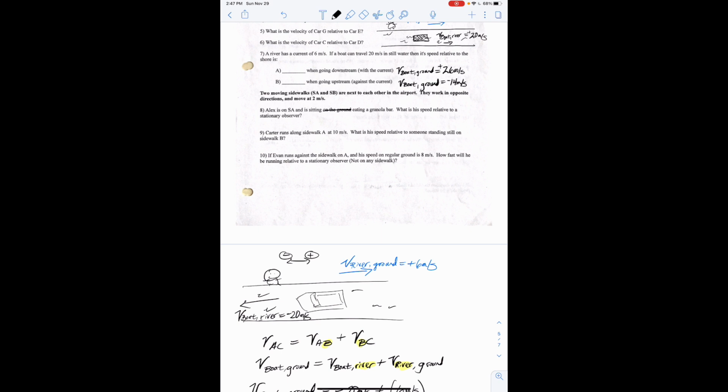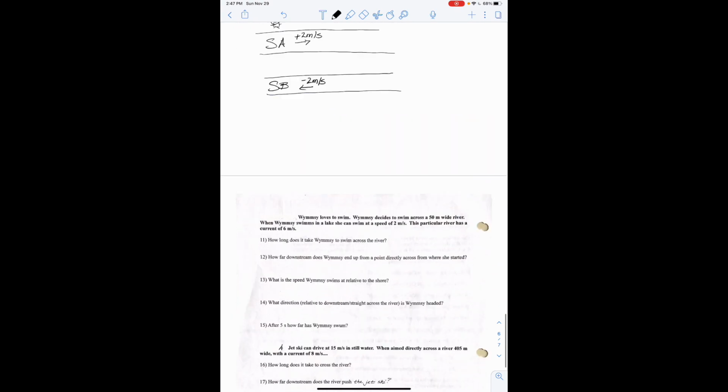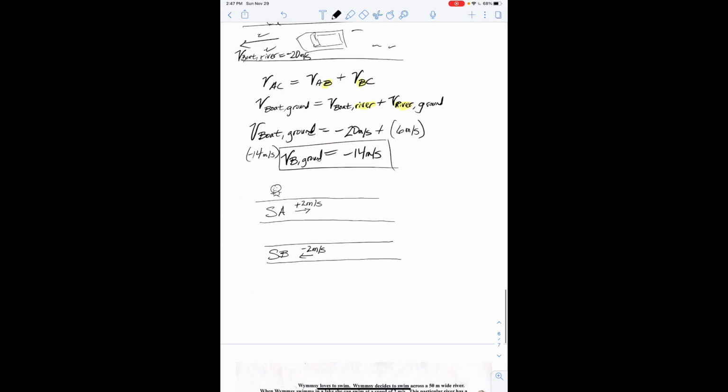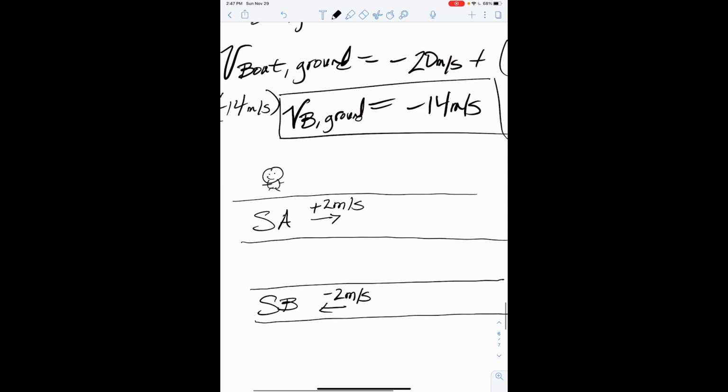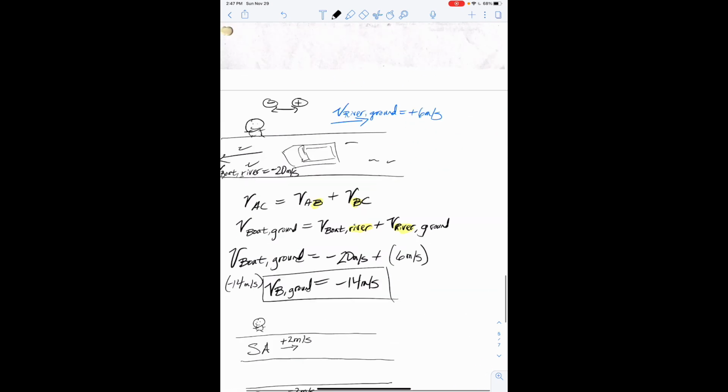So this is asking us, what is the velocity of sidewalk A relative to the ground, right? Because Alex is just sitting on sidewalk A, the velocity of sidewalk A relative to the observer is going to be positive 2 meters per second. Okay.